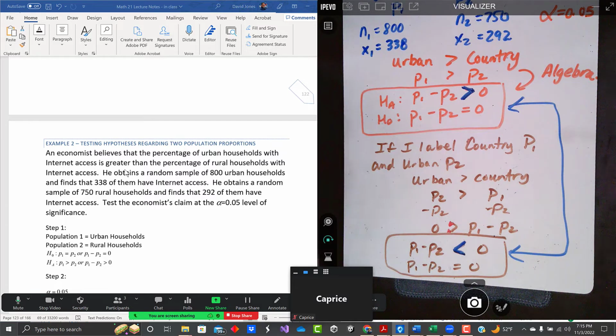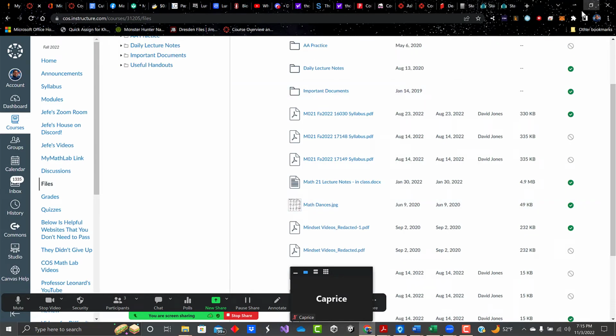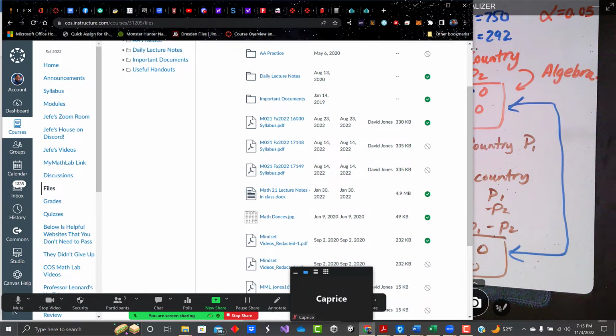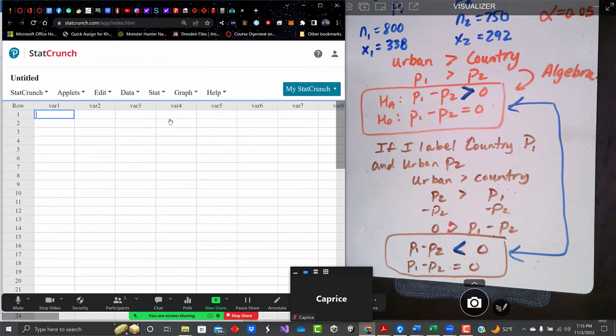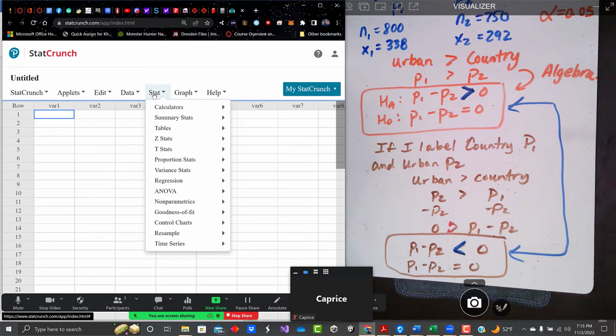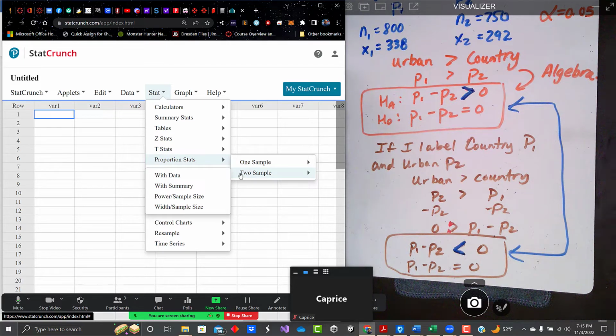And we're going to do it in StatCrunch. So we're going stats, proportion stats, two samples. And we don't have the data, we have a summary.